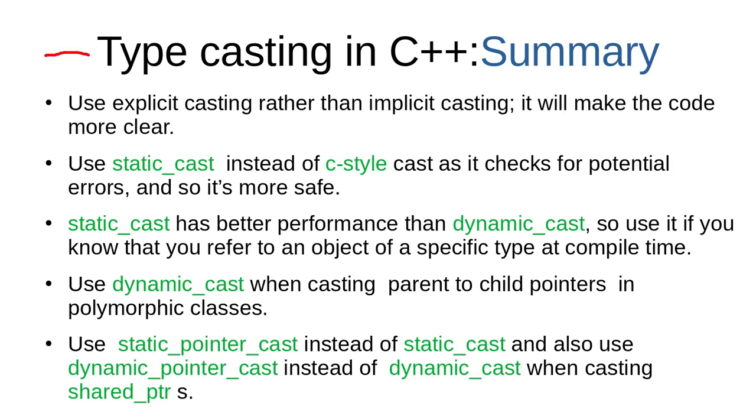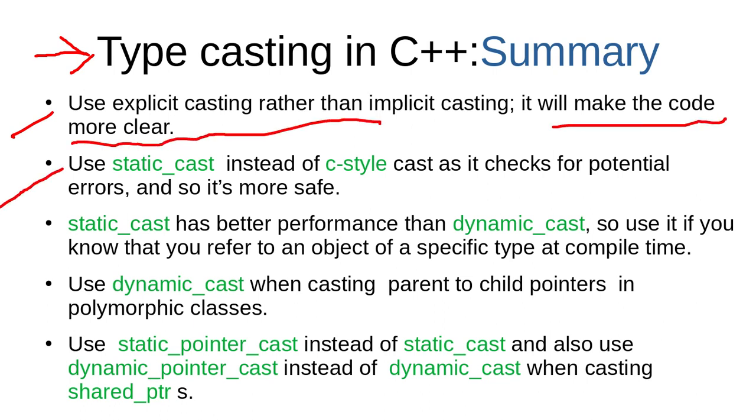Let's summarize casting in C++, or these are useful pieces of advice to follow in coding using casting. First of all, use explicit casting rather than implicit casting. It will make the code more clear. Use static cast instead of C-style cast, as it checks for potential errors, and so it's more safe.